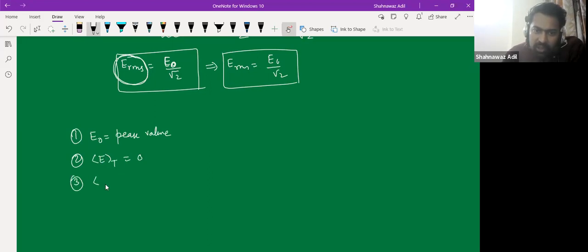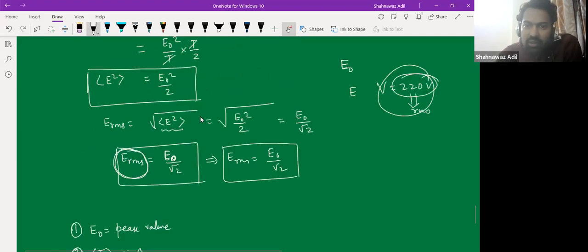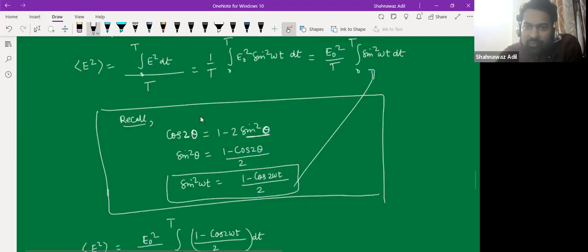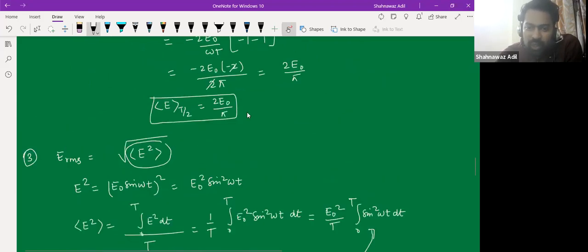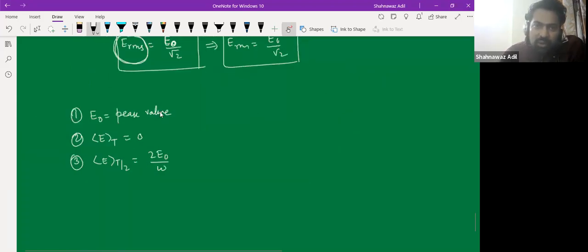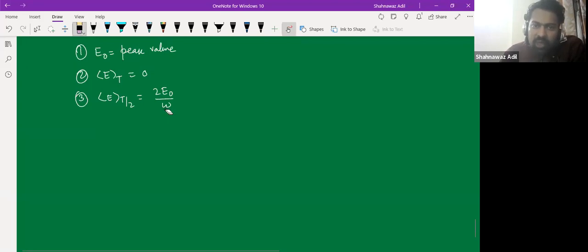The third is the average in half time, that is 2 E naught by pi. And then the last one is RMS, which is E naught by root 2.